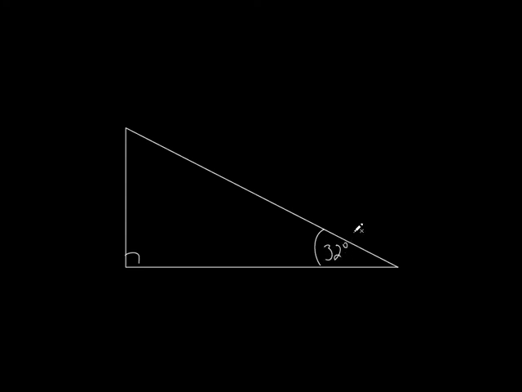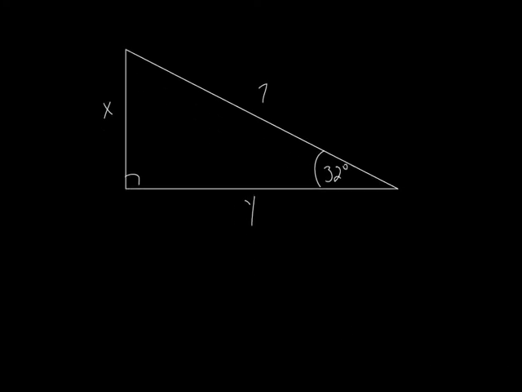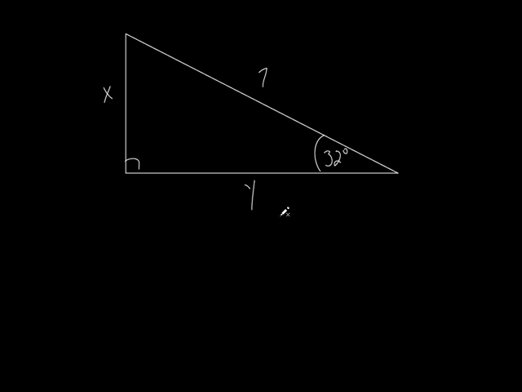Alright? So it's not a special triangle, is it? It's not 30, 60, 90, but it is 32 degrees. Alright? So here we go. And I want to find x and y.